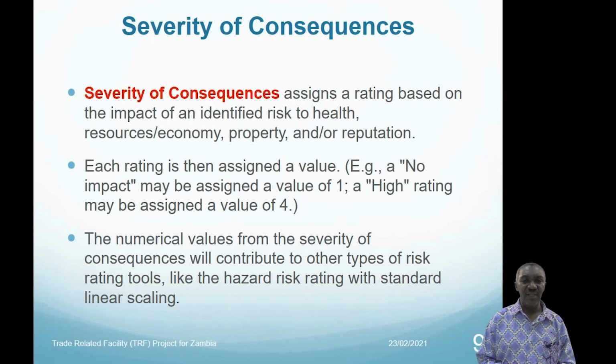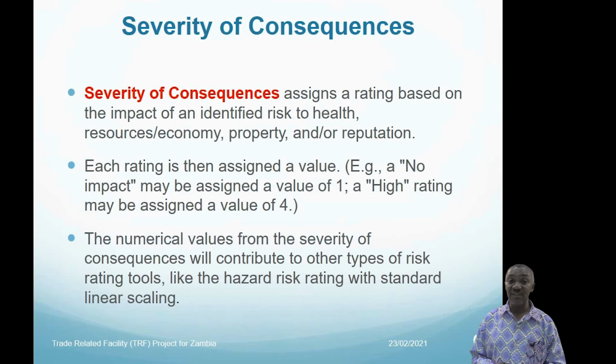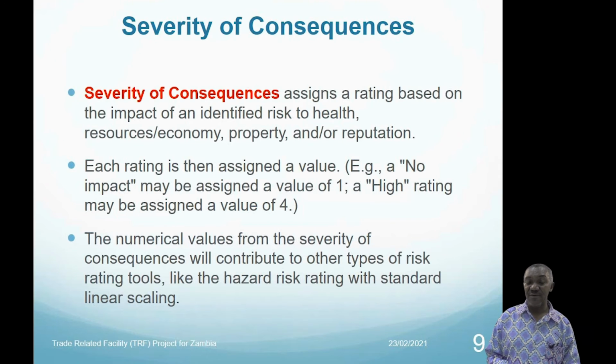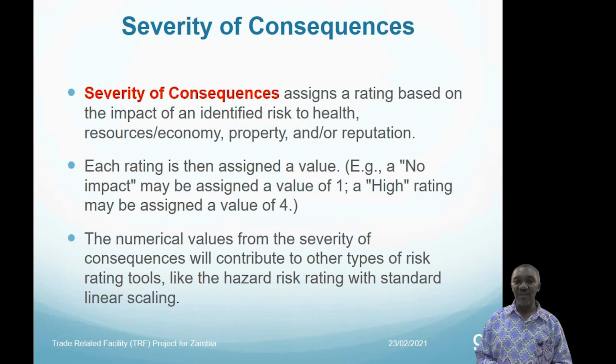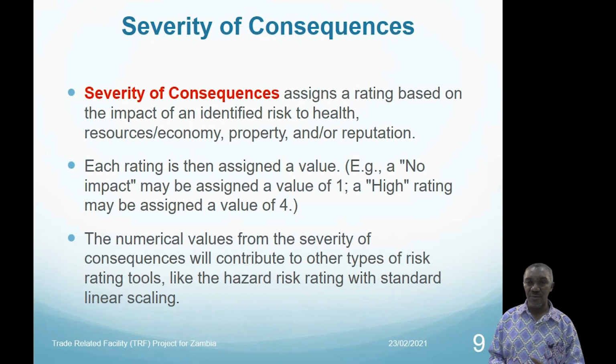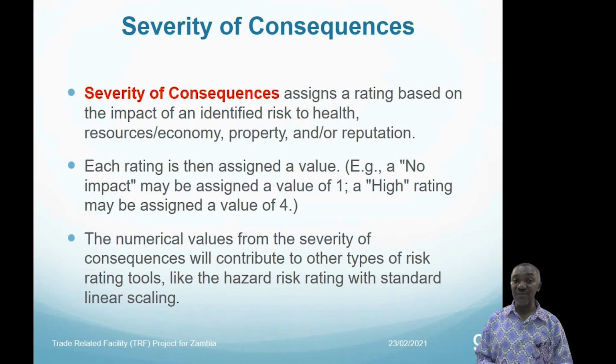For instance, imagine that you are in the food safety industry, you have a business, and you happen to have your food contaminated with, let's say, for the sake of it, cholera, and then people get sick as a result of consuming food from your restaurant or your business house, and then they get sick.